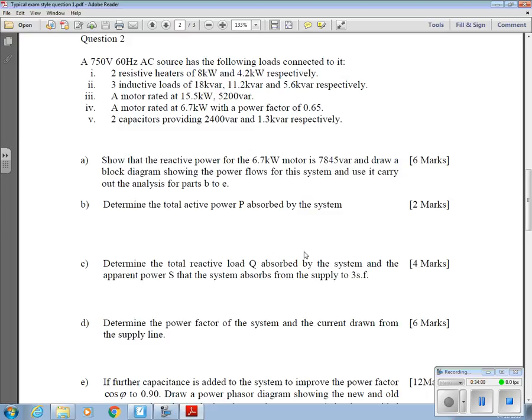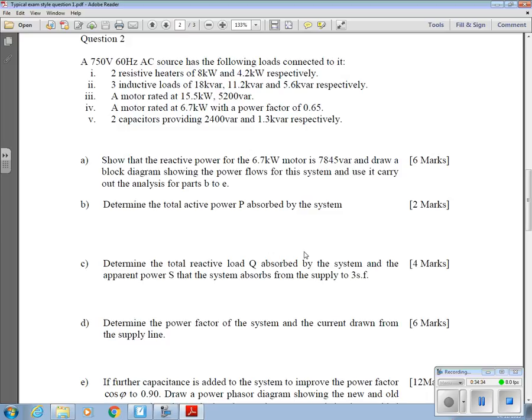So you've got to find that before you can put it on the spider diagram. To get Q out of the information given here, 6.7 kilowatts and a power factor of 0.65, you draw a power triangle. That'll give you that data. You can then draw the diagram, and there's 6 marks for that.